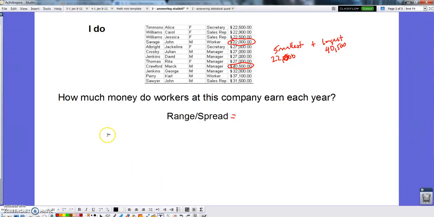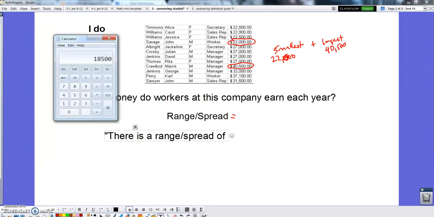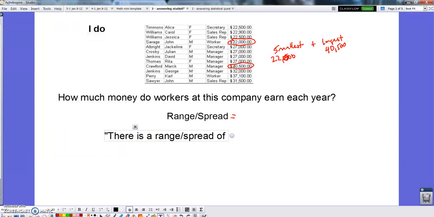So the first thing I would say is there is a range or spread of $18,500.